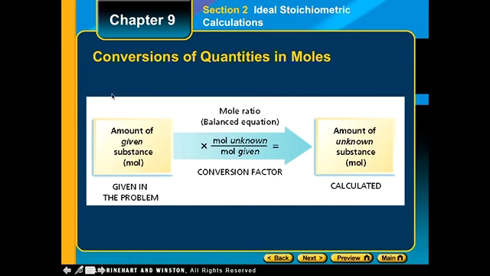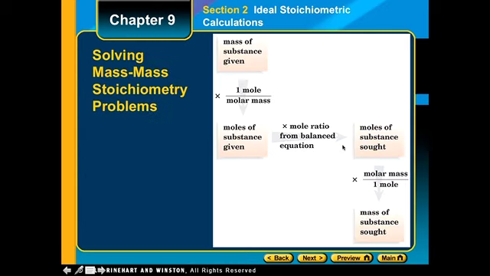For the conversion in moles, the amount in moles times the mole ratio gives the unknown substance in moles. Again, the amount in moles times the mole ratio gives the amount of the unknown.